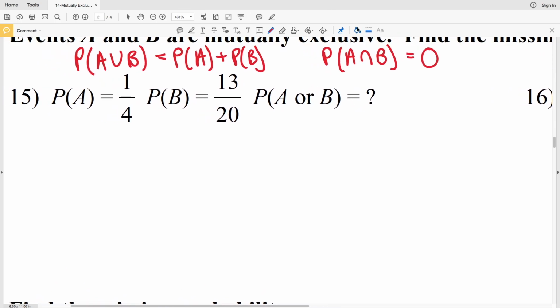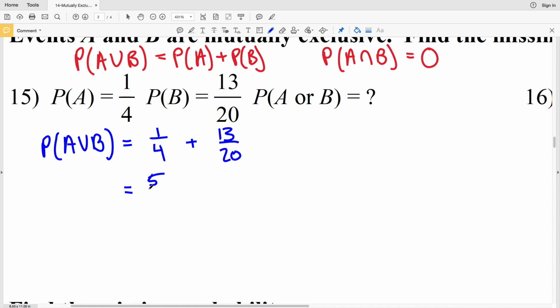So in number 15, we're looking for A or B, so we'll simply add. The probability of A or B, A union B, equals the probability of A, 1/4, plus the probability of B, 13/20. Now, I need to add these, but in order to do so, I need a common denominator. If I multiply 1/4 by 5 over 5, I'll get 5/20 plus 13/20.